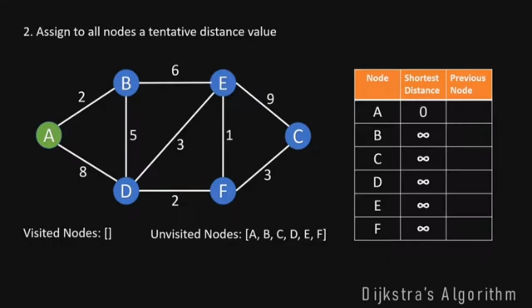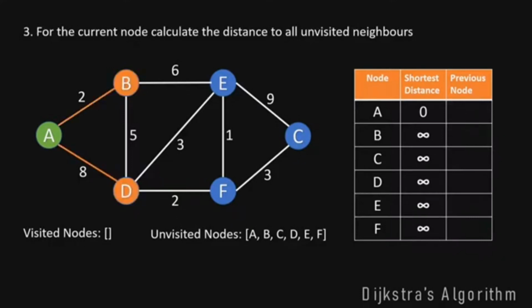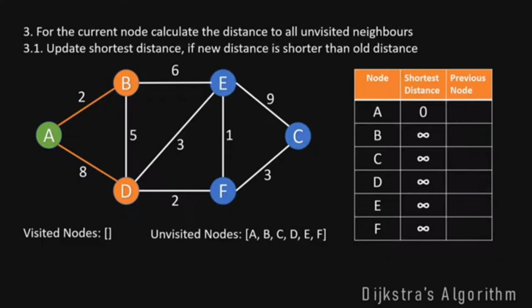In the last column we store the previous node that leads us to the shortest distance, and this column will be empty in the beginning because currently we have no information about this. So those are the things we need to keep track of, and now we can start with the first iteration.